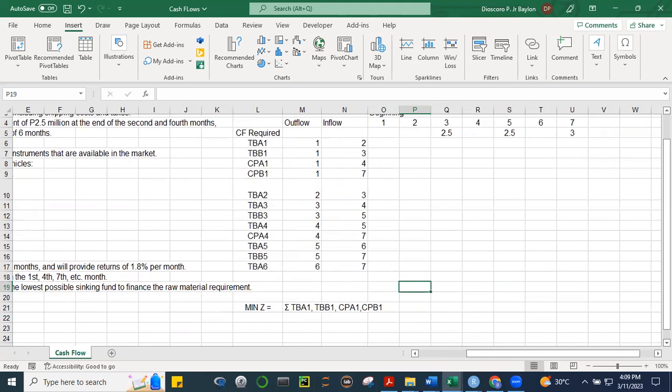But let me add something to that, Irving. It's not only month 3, 5, 7. Also the inflow for month 2, 4, 6. Right? Because there will be inflows coming in month 2. So do we have any requirement for month 2? Okay, so let me just highlight that. So for month 2, class, what are the inflows that we will have?